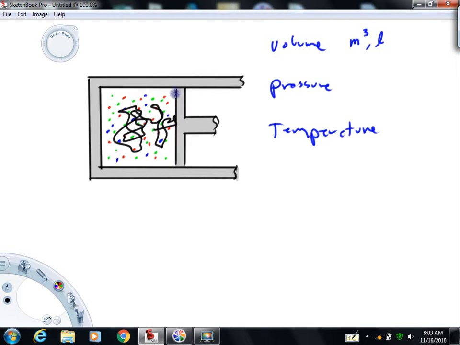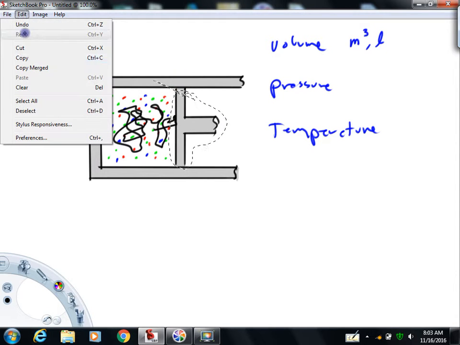So if I think about what's happening at this surface here, every once in a while, a molecule is hitting it and recoiling. And when I say every once in a while, this is happening like 10 to the 30th times per second. There's just almost an infinite number of impacts here. So if we think about what that's doing to the piston, I'm going to do kind of a cut and paste here.